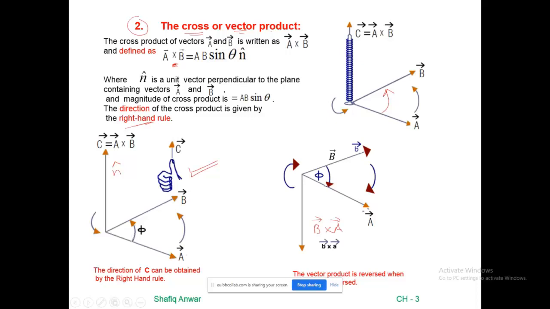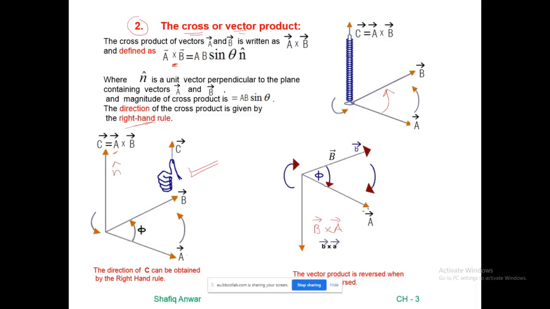This is different. Right hand rule: move your forefingers of your right hand from the first vector to the second. In the first case, the first vector was A, so you move your fingers from A to B. So upward is the direction, right hand rule.